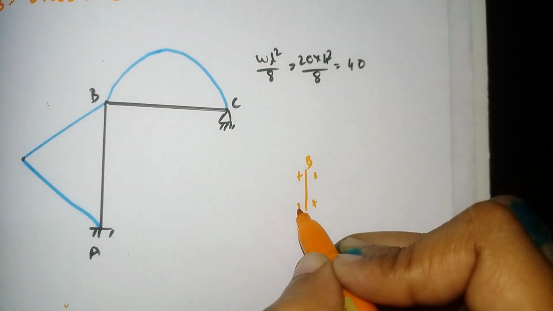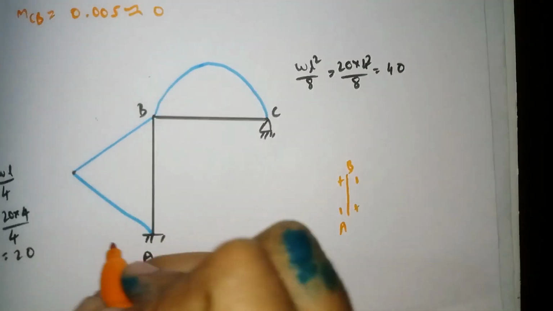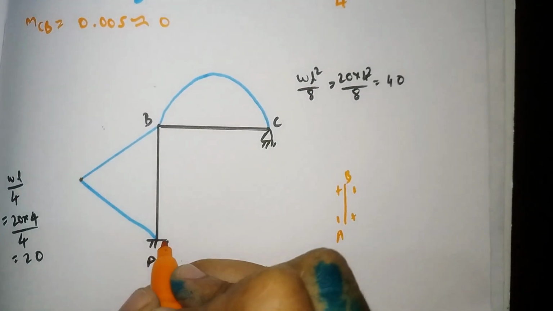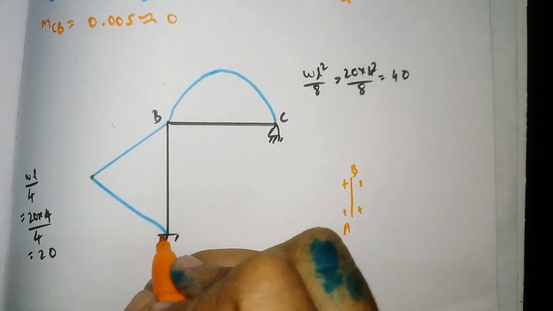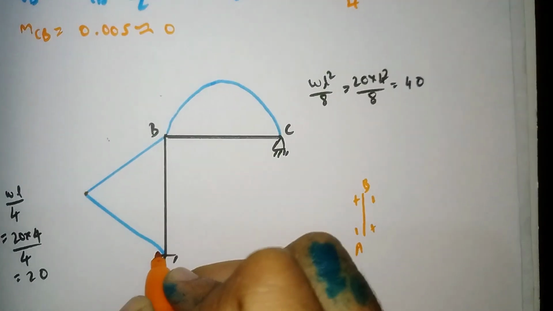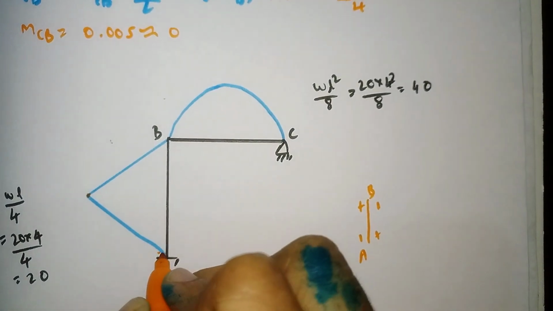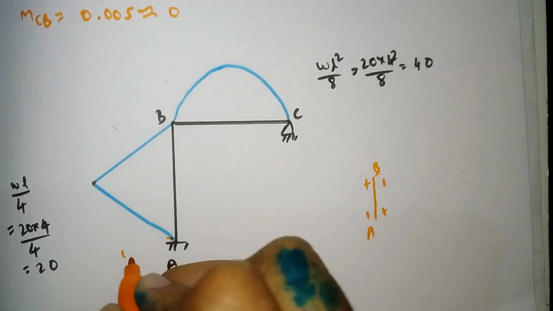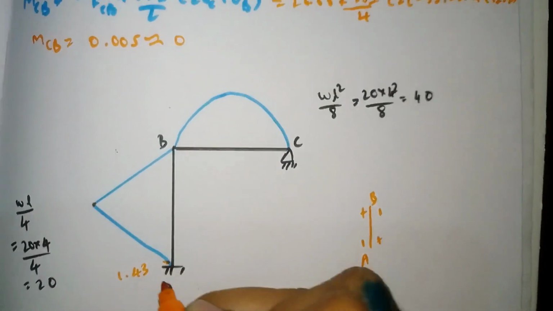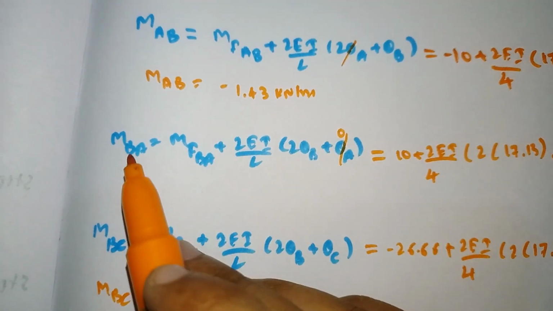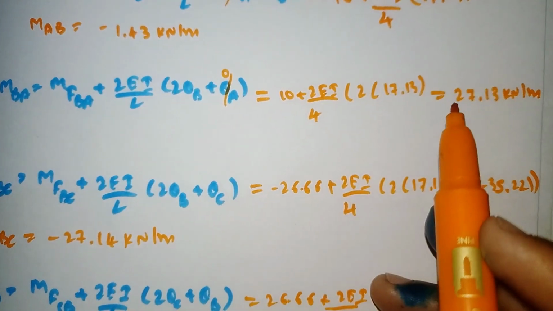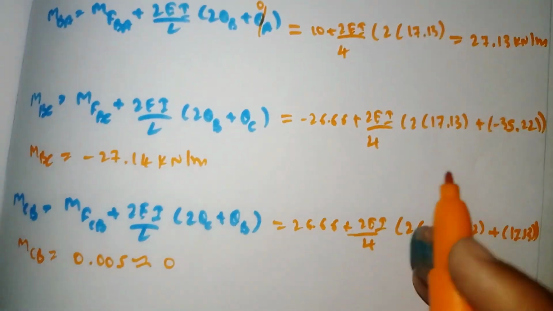At point A, negative value comes above the neutral axis, means it comes here. Minus 1.4 means it comes nearly here. And our MBA value we got was 27.13. So it is positive at point B.